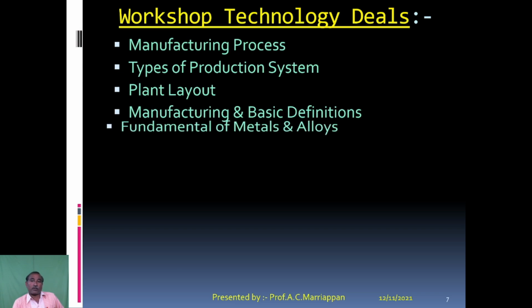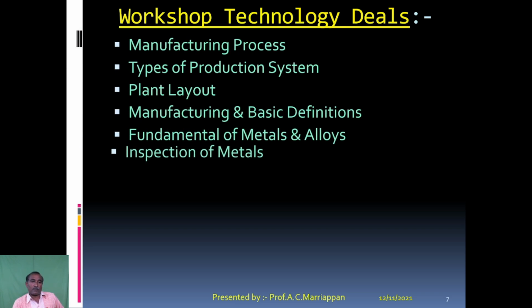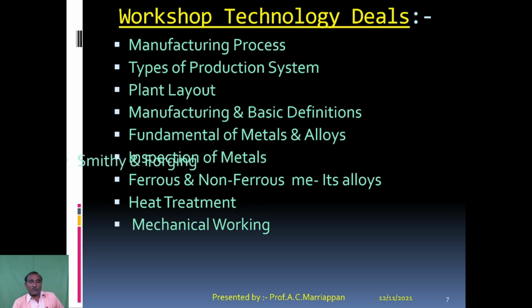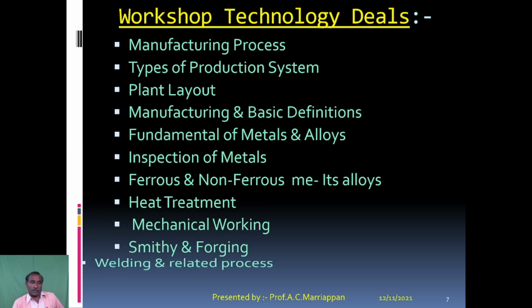Workshop technology deals with the manufacturing process, types of production system, plant layout, manufacturing basic definitions, fundamentals of metals and alloys, inspection of metals, ferrous and non-ferrous metals, heat treatment, mechanical working, smithy, forging and welding related processes. So the manufacturing process depends fully upon workshop technology.